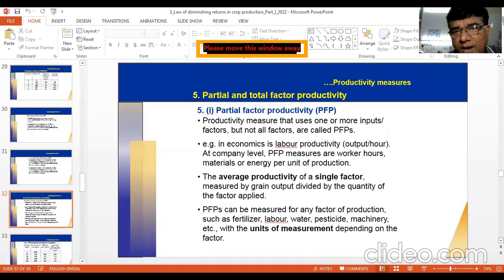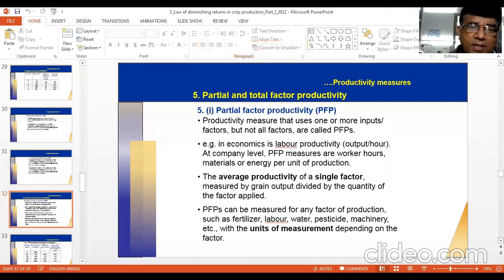Suppose you apply fertilizer. Even in fertilizer, if you apply just nitrogen, you can calculate the partial factor productivity of nitrogen. Say you have used 0, 40, 80, 120, 160 kilograms nitrogen per hectare. You can calculate the productivity of this nitrogen, which will be called partial factor productivity.